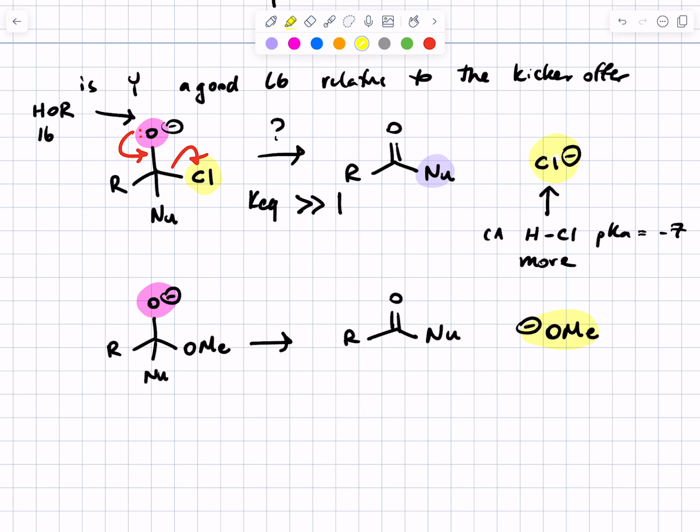Because you see that the kicker offer and the leaving group are about the same in stability, right? They're both negatively charged oxygens. So you're not sure how to answer that in a multiple choice format, right? What if they're dead even? Do I say, yeah, it's reasonable? No, it's not reasonable. Let's ask in terms of equilibrium constant. Is this reaction more or less favorable than the one where chloro was the leaving group? It's definitely less favorable than that, right?